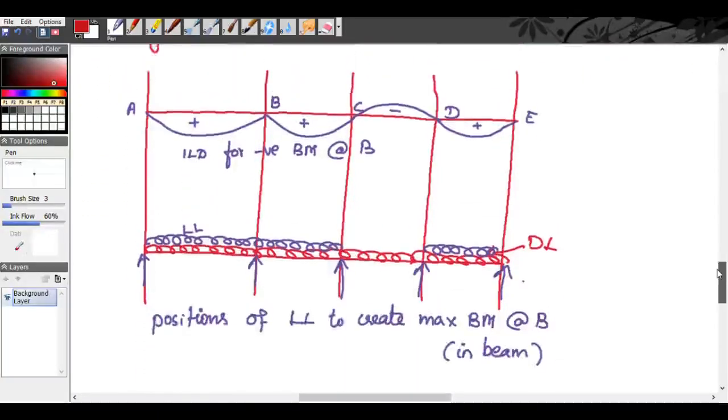You can see here, support B is our consideration. This is the position of live load to create maximum bending moment at B. So what is the loading condition at the support to have a maximum bending moment?